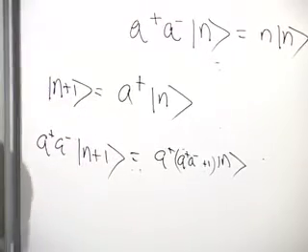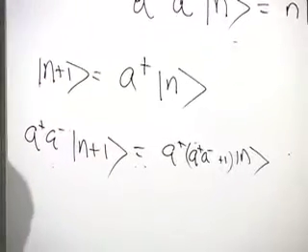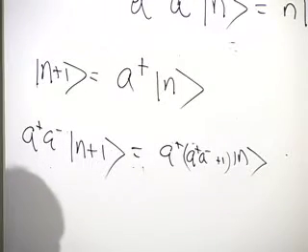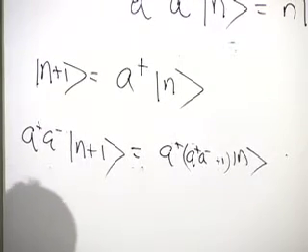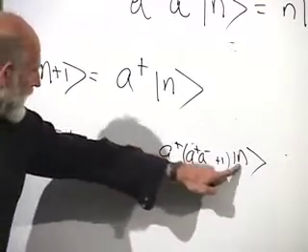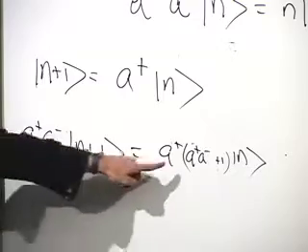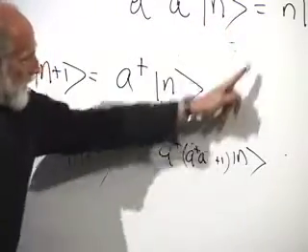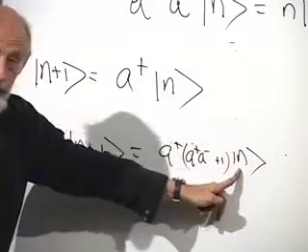And then the left-hand one goes away because A minus on n is... No. You see, A plus A minus on n is just equal to little n times n.